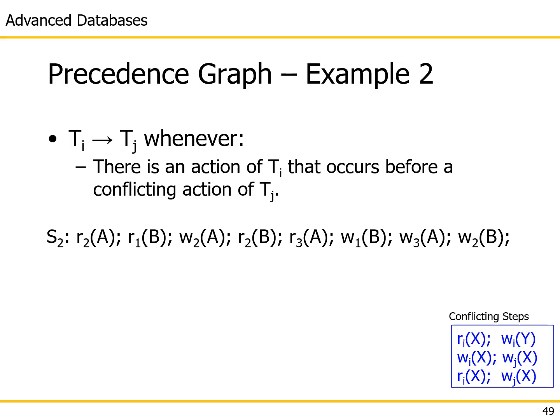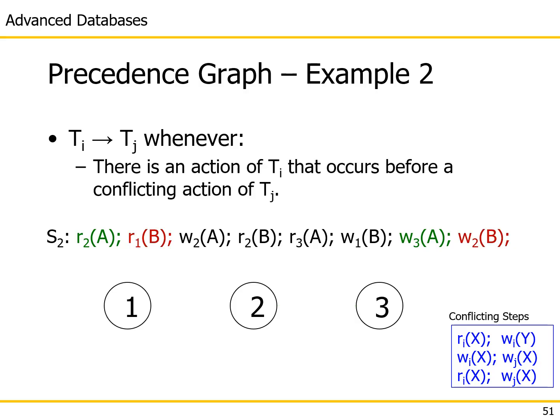Now let's look at this one. We're going to go back and trace the instructions again, and we will see that transaction 2 is reading A, transaction 3 is writing A. That's again a conflicting step. It's the third conflicting step in the blue box, so this means 2 has to come before 3.